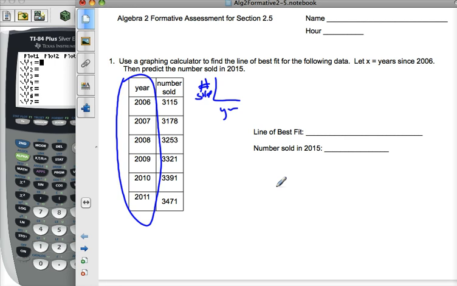So now in this case, it says X is the years since 2006. So when we plug them in, we'll start at 0 because 2006 is 0 years from 2006. And then 2007 is 1 year, and 2, 3, 4, 5. So these are going to be our X's, 0 through 5.